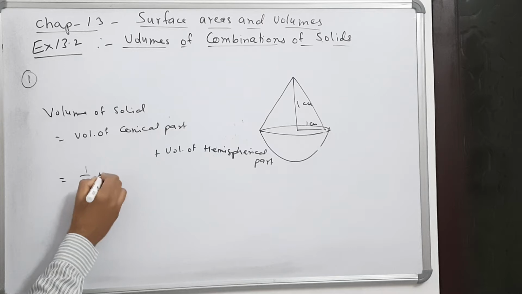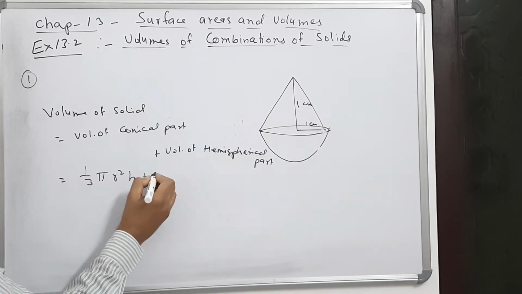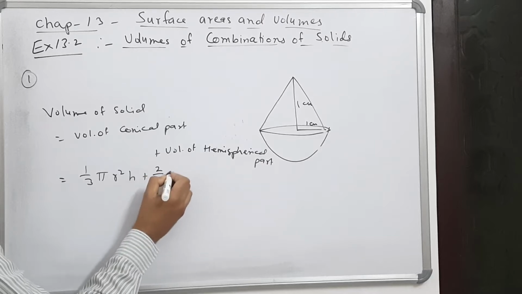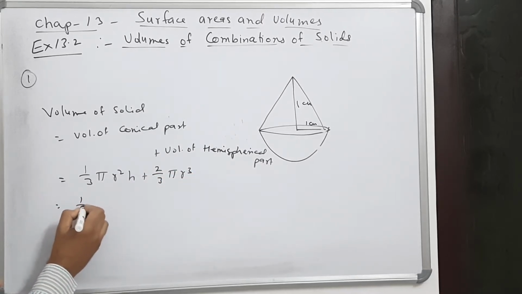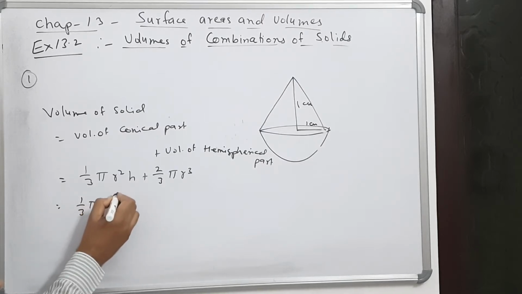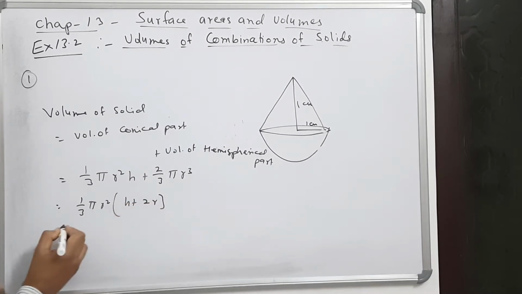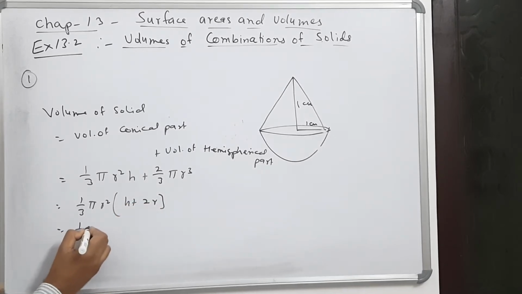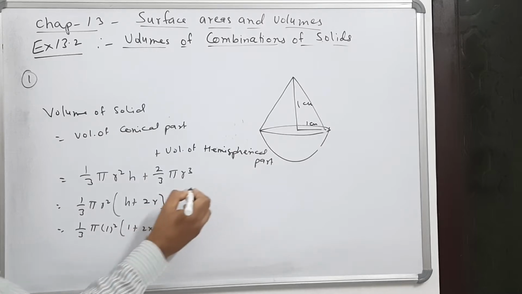It is 1 upon 3 pi r square h. And the volume of hemispherical part is 2 by 3 pi r cube. So we can take 1 upon 3 pi r square common, then it is h plus 2r. Now if you put the values, 1 upon 3 pi 1 square into (1 plus 2 into 1).